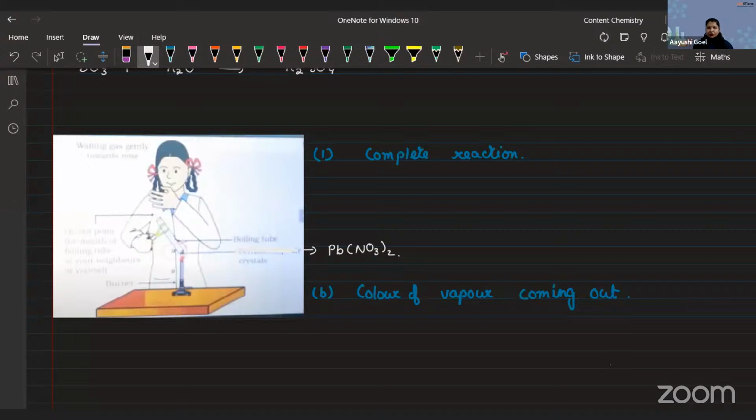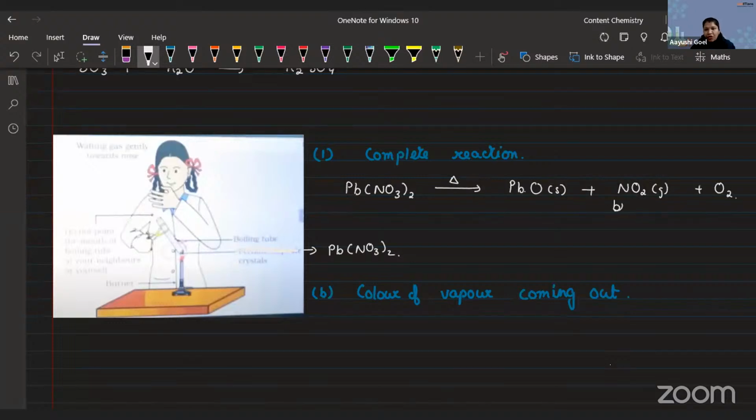Yes. So what will be my complete reaction if I take lead nitrate and heat it? It is thermal decomposition. So in the thermal decomposition, what is happening? It will give you lead oxide along with the formation of NO2 gas plus O2 gas.